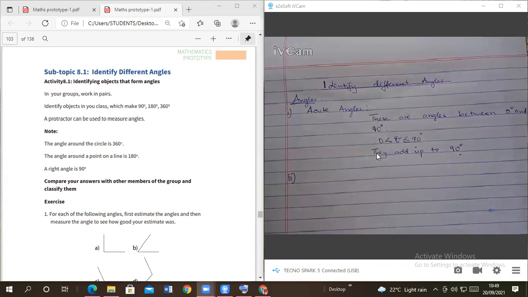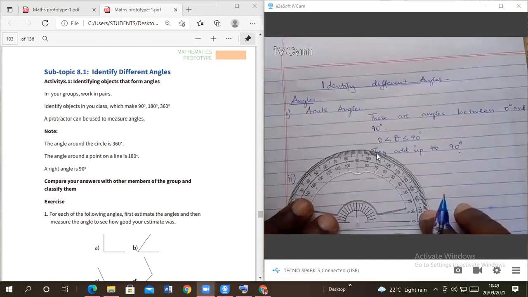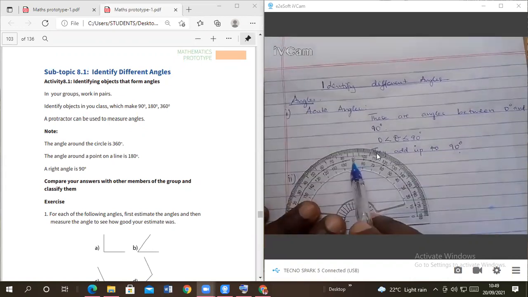The other one, we have angles from 90 to 180 degrees. What name is given to those angles between 90 and 180 degrees?